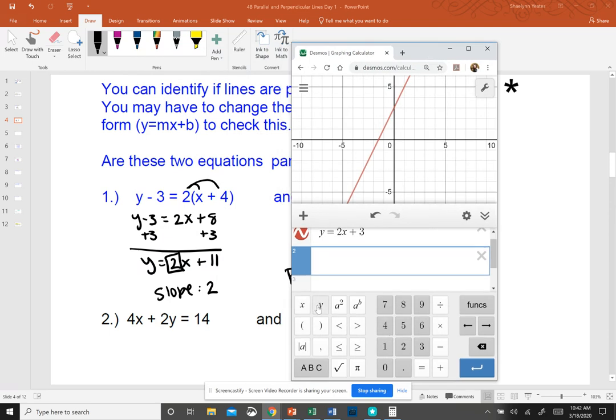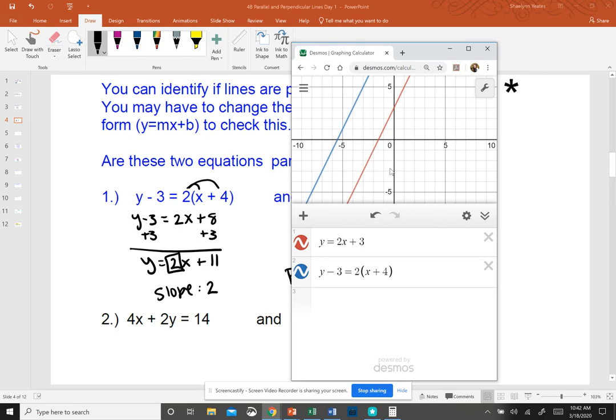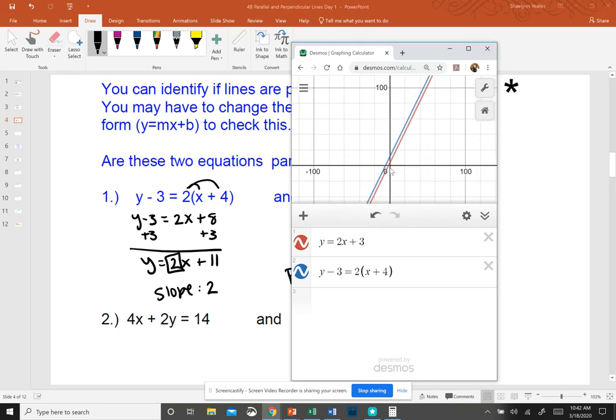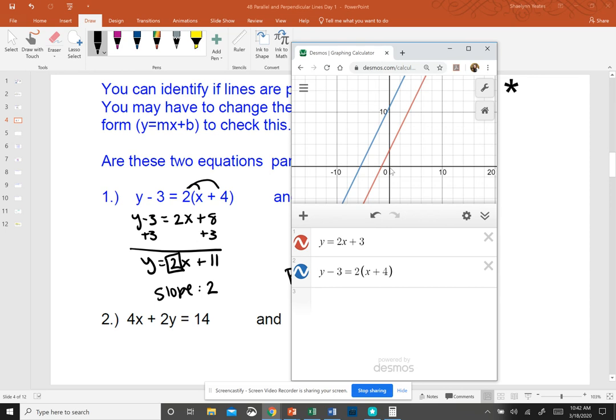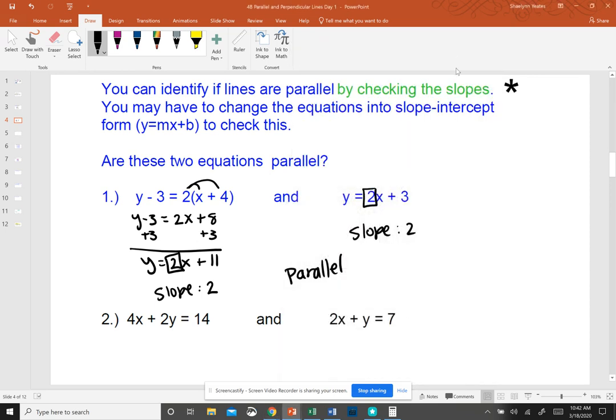This one starts with y minus 3 equals 2, and then there's a parenthesis, and it says x plus 4, and then close parenthesis. Now, if you take a look at those two lines, can you see that they are parallel? I can even zoom out really, really far, and they stay two distinct lines. All right? So we just proved to ourselves that these are, in fact, parallel.